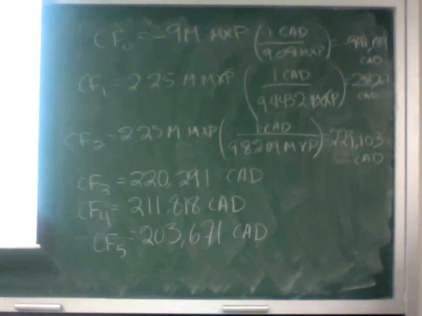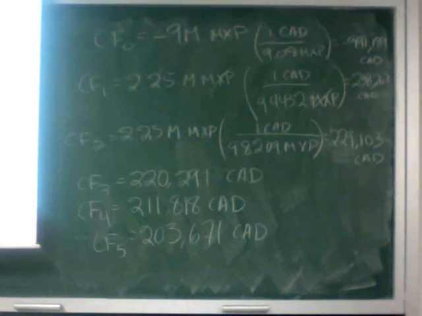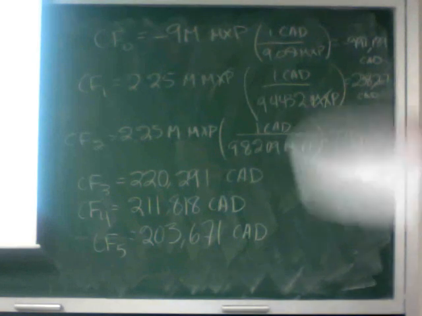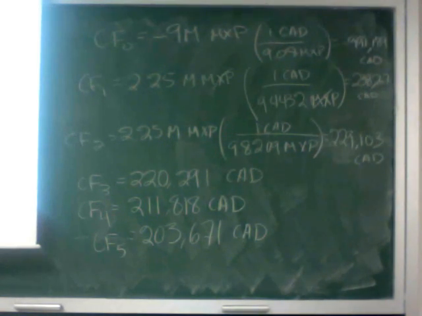Where did you get the 220 from? In the question, the cash flows are expected to be 2.25 million pesos a year for 5 years. So each year we multiply 2.25 times the percent? Well, in that question, yes, it's 2.25, but it could be a different amount.